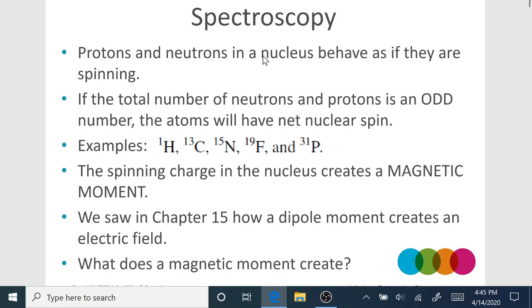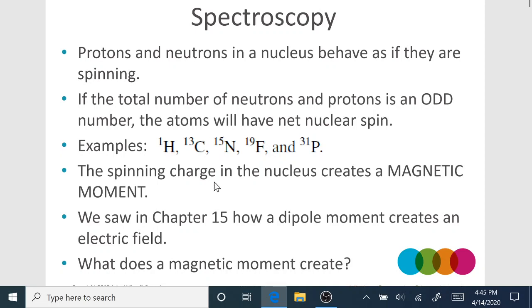So we can perform NMR on hydrogens, which is proton NMR, carbon-13, which is carbon-13 NMR, and also some isotopes of nitrogen, fluorine, and phosphorus, for example. We'll only be looking at proton and carbon-13 NMR in this class.